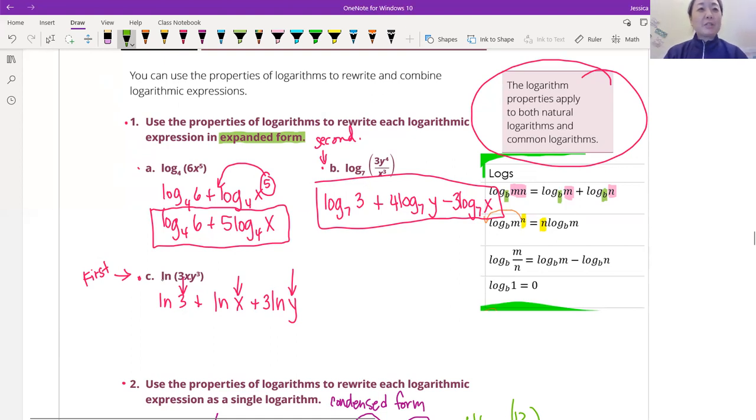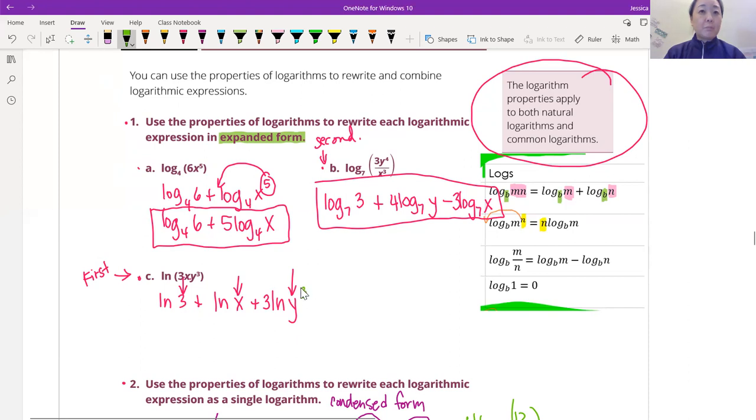All right, and then we'll do the C next. If you notice right here, this is just going to be natural log. Remember, natural logs are logs too, so we're treating it exactly the same way. Natural log of 3, remember it's multiplying, so that means we have to add natural log of x. And then we're going to add, because that's still multiplying, natural log of y.